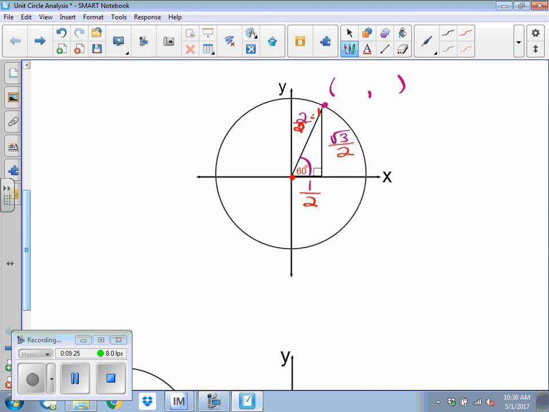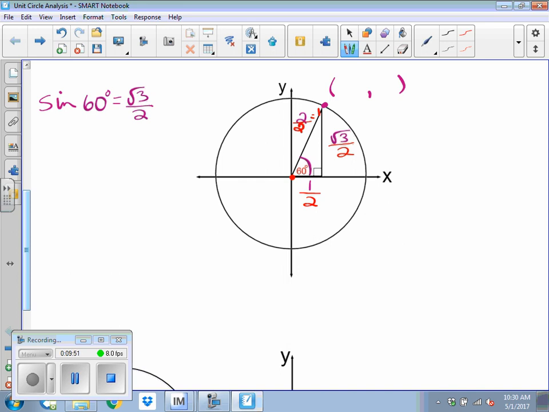So let's do sine of 60 degrees. Sine is opposite over hypotenuse. What is the opposite of 60 degrees? What's directly across from 60 degrees? Square root of 3 over 2. And my hypotenuse is just 1, so I don't need to put that over 1. You understand?